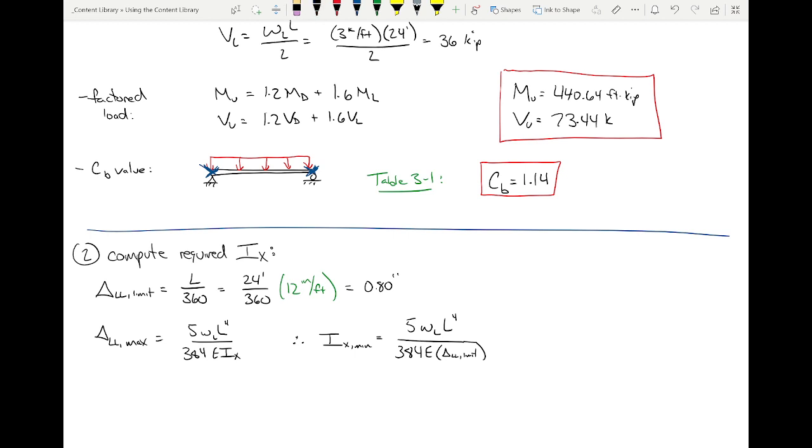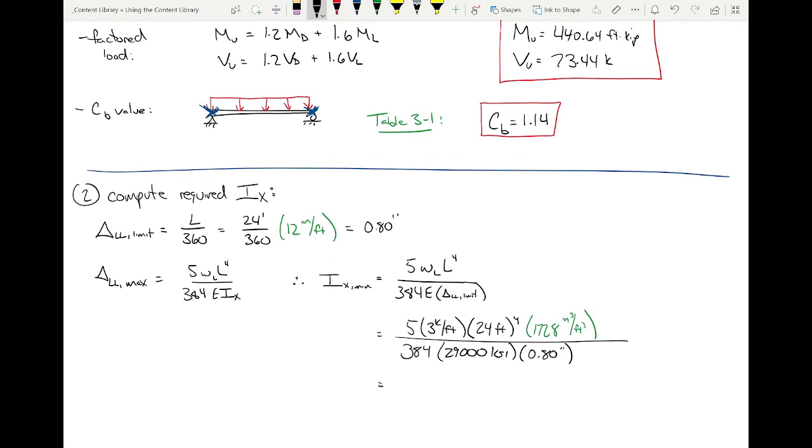So don't forget your 1728. And so when you chug this out, what do you get? You get IX min equals something.